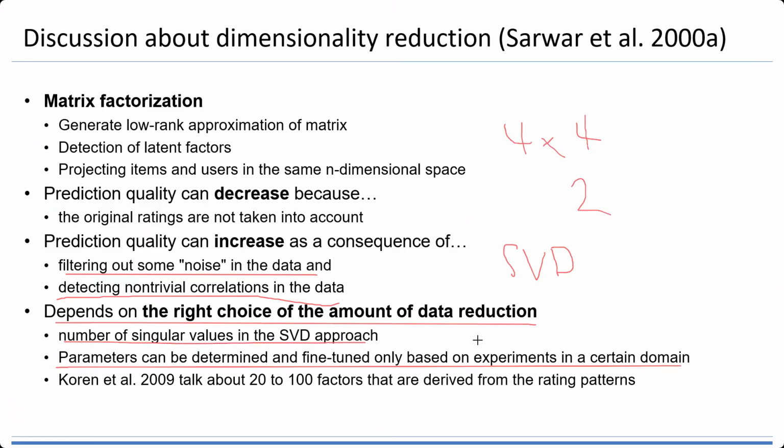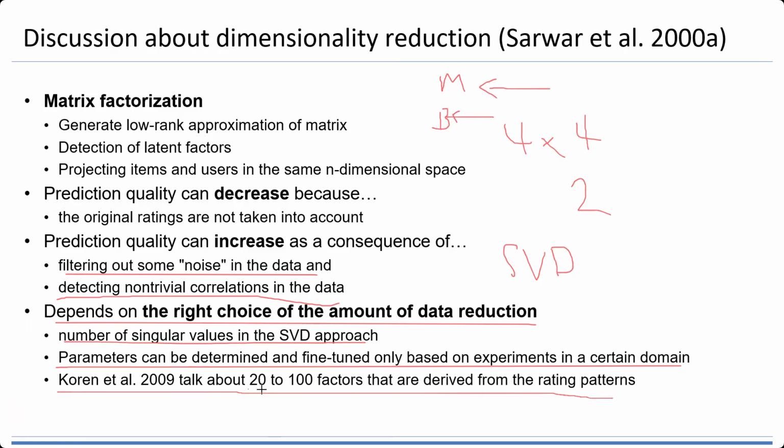So if we look at the movie data, then the parameters maybe only fit the movie data. If you use book data, then the parameters might be only for the book data. So here, there's one paper.